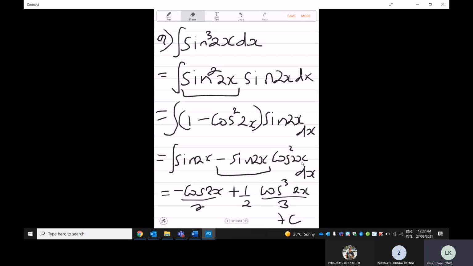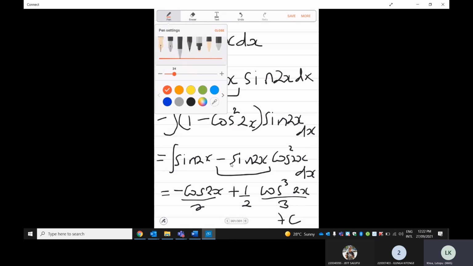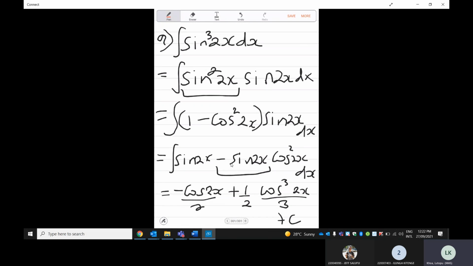Okay, so how I did this one is, you can see that the derivative of cos 2x is negative 2, so I need a 2 here. If there was a 2 here, then it's the perfect derivative of cos 2x. But I can't just add a 2, then I've changed the question. So what I need is a half here as well. Then this part here is now the integral here, and this half is that one over there.